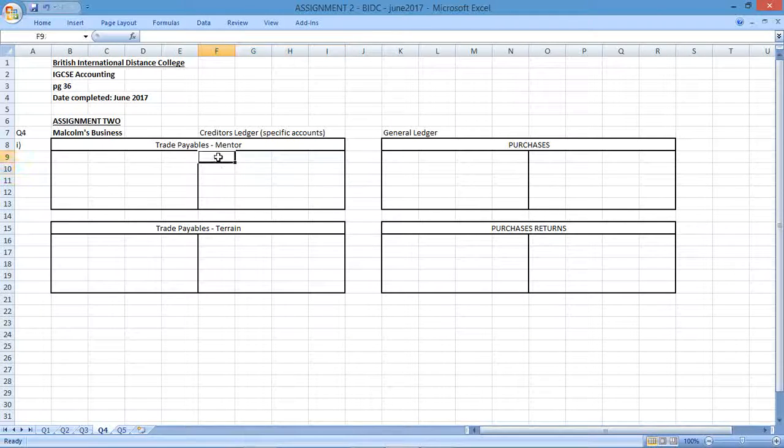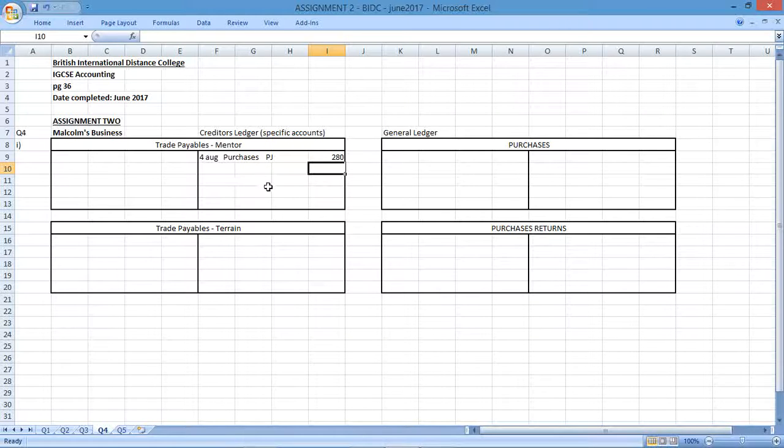So Mentor is going to owe us on the 4th of August. This was a purchase, so purchases from the purchases journal, and they purchased 350 minus a discount of 70, 280. That's the amount that they're owing us.